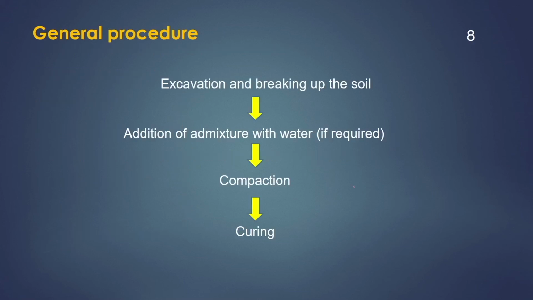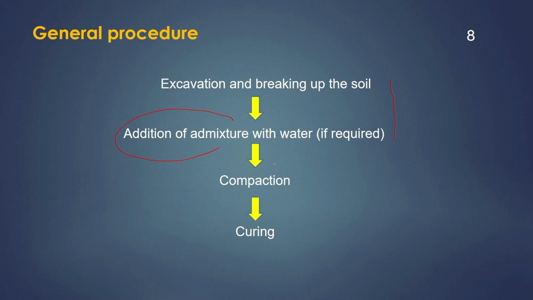In a chemical stabilization technique, these are the different steps which we generally undertake. In the first step, the soil will be excavated and broken into small particles. Then different types of admixtures such as lime, cement, bitumen or fly ash will be added to the soil, along with water if required.